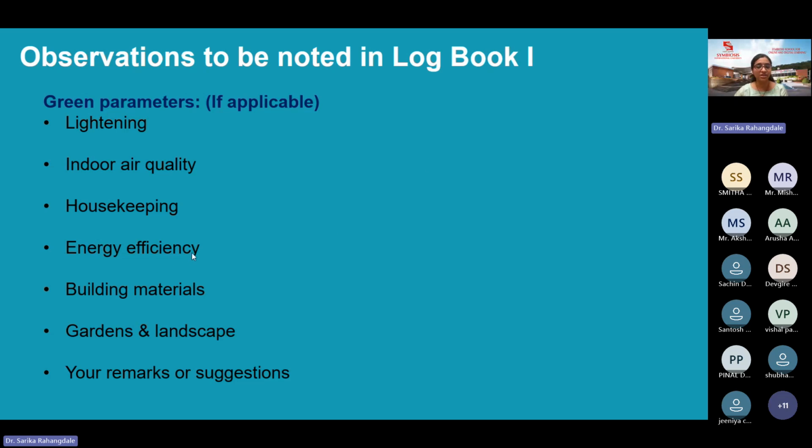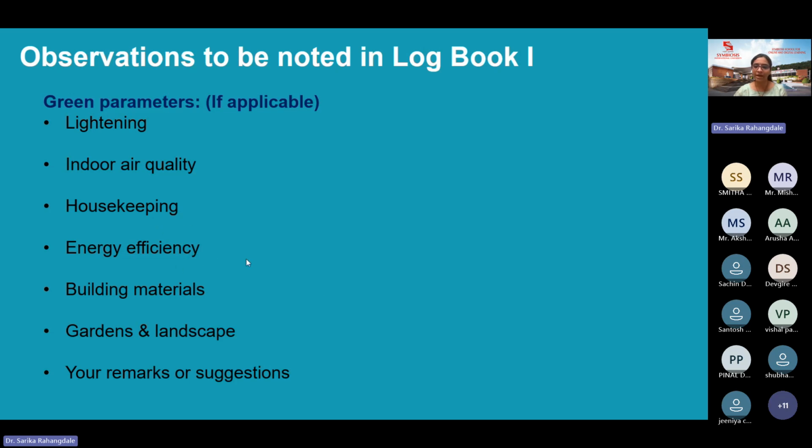So how are we minimizing the wastage of resources? You have to observe, especially in a small hospital, the green parameter aspect may not be there, but in a multi-speciality hospital they must have made some provision.